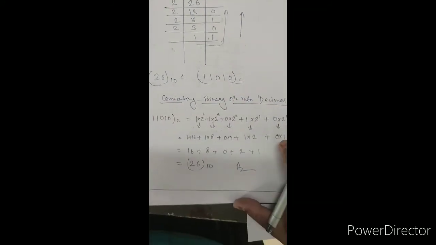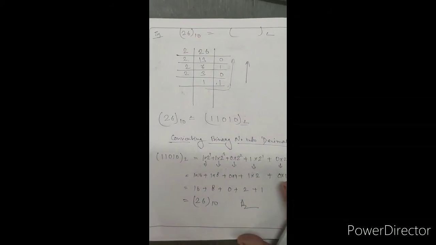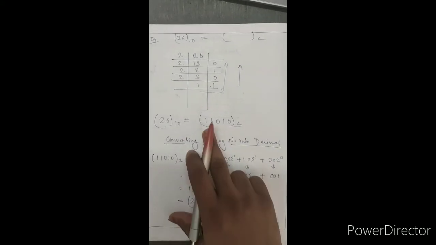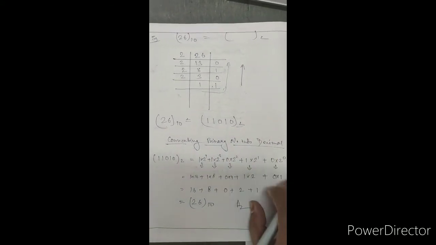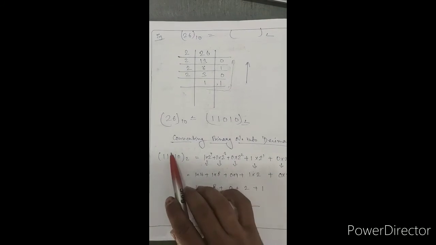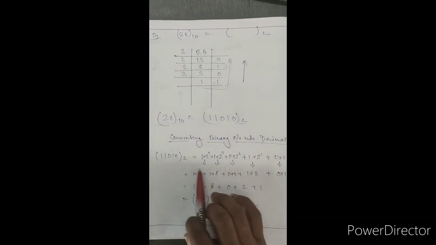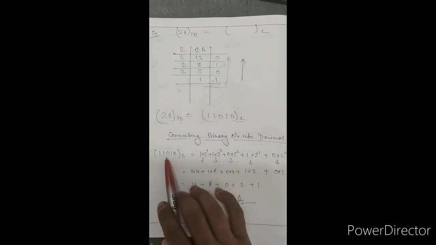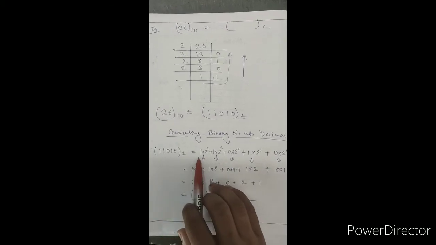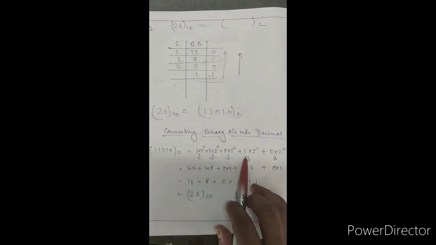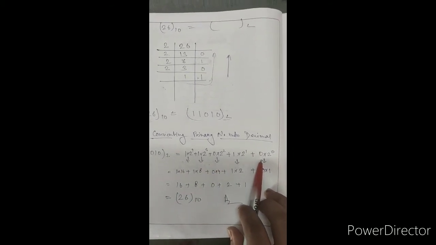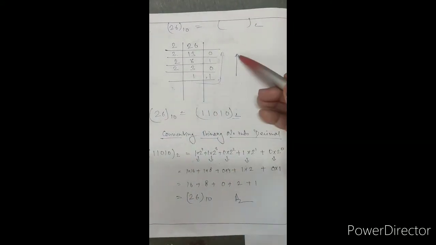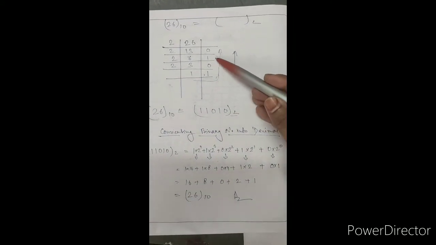Now the next part is how we can convert a binary number into a decimal number. To convert a binary number into decimal, we write the number like this and arrange all the digits. Taking the previous example, 1 1 0 1 0.